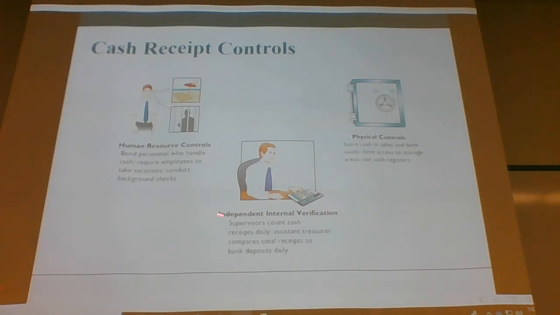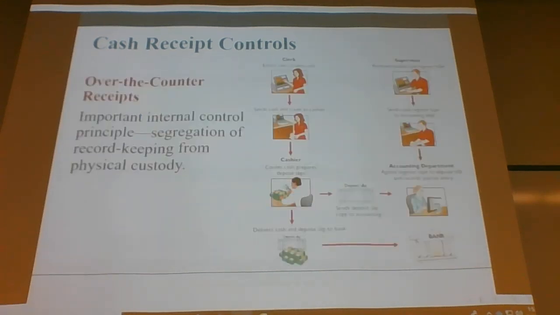Independent internal verification, we talked about this already, but someone other than the clerk or cashier should count these receipts of cash that we've received, and then a treasurer should compare these receipts to the amount that is deposited into the bank. And then finally, we've got some physical controls such as safes and cash registers that restrict access to the cash before it makes it to the bank.